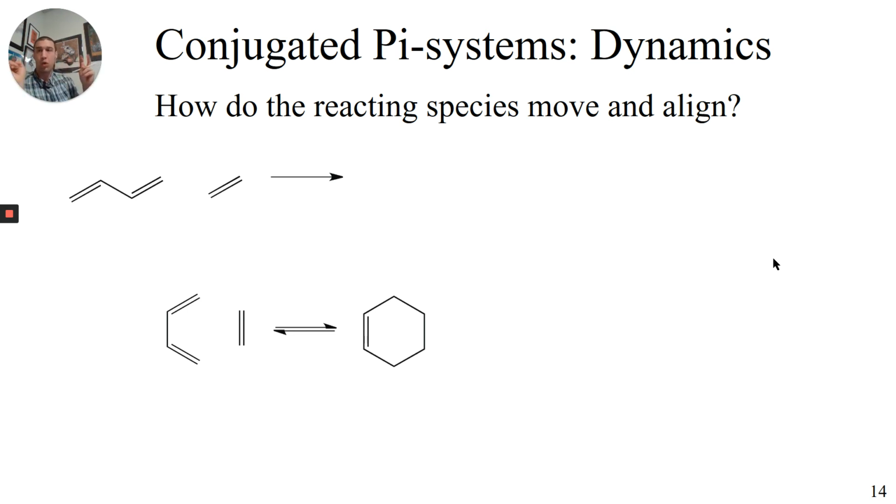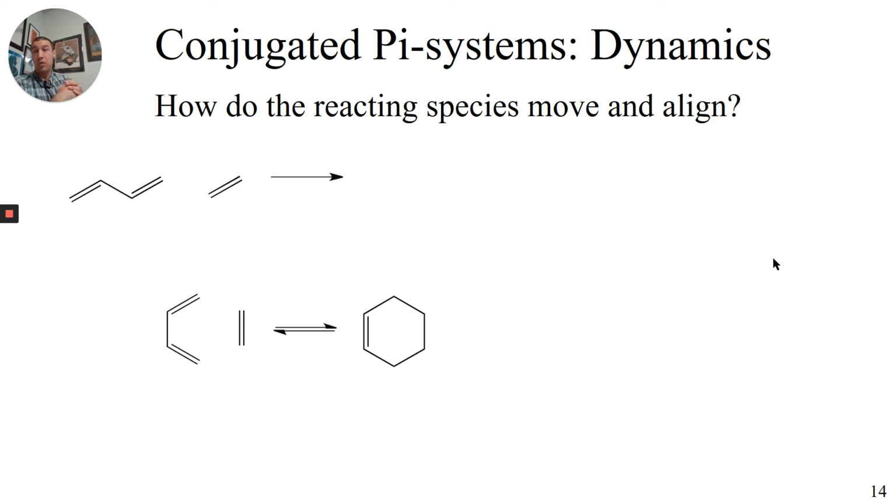There's also the question video on thinking about how this reaction could work. This reaction is named for the scientists that discovered it and studied it extensively, and that's Diels and Alder. So it's known as a Diels-Alder reaction. I would list their first names. I think it's Otto Diels and Kurt Alder. I may have gotten them backwards, but I think that's right.